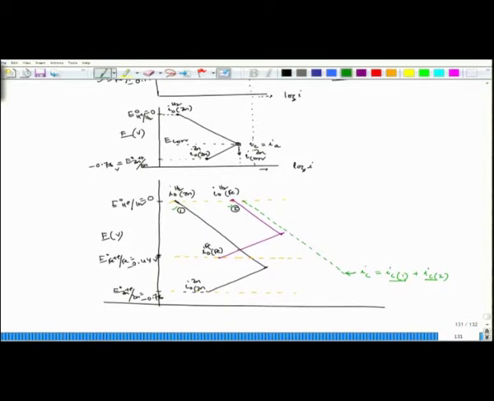For example, if I consider this potential, then this point indicates current density IC at this point and IC at this point. So, this IC is equal to, let us say this is A, this is B, IC A plus IC B, that is what this line has been drawn.